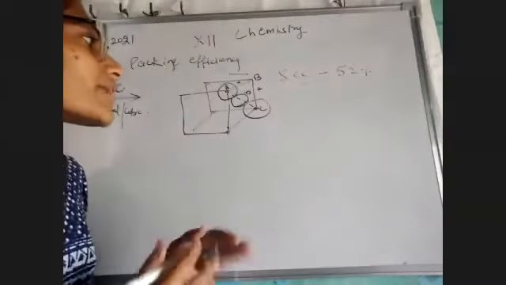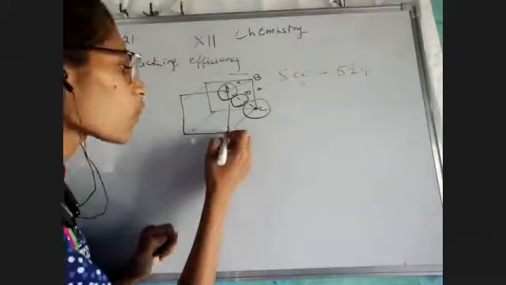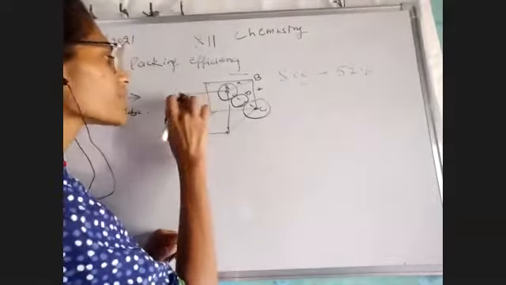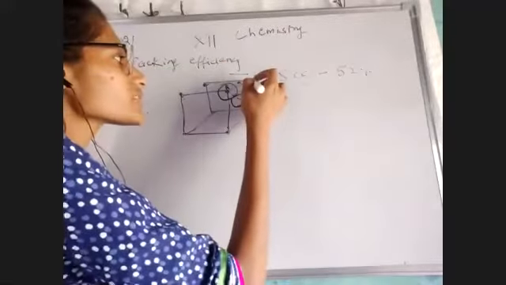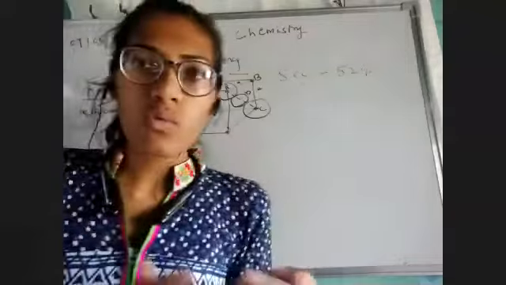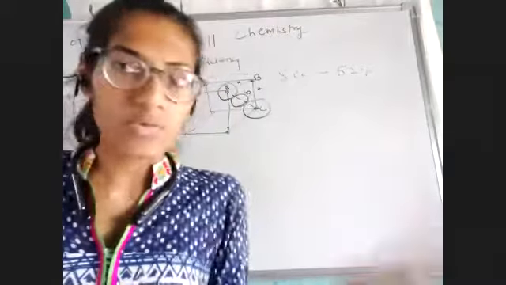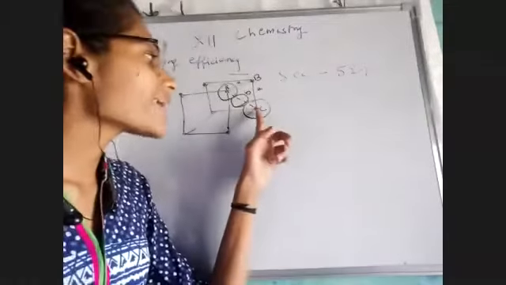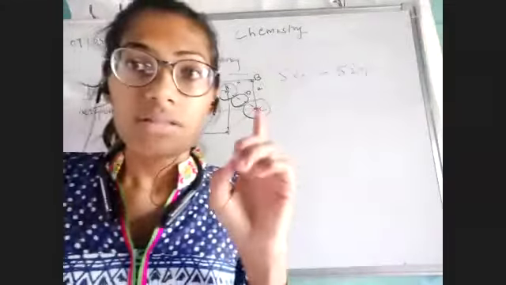As you know very well, we have atoms present at the corners as well as at the center of the face. And as we discussed in the previous simple cubic unit cell, each dot represents a constituent.